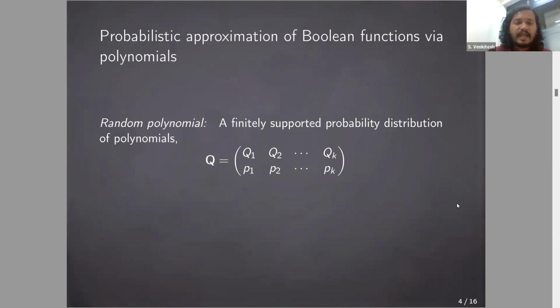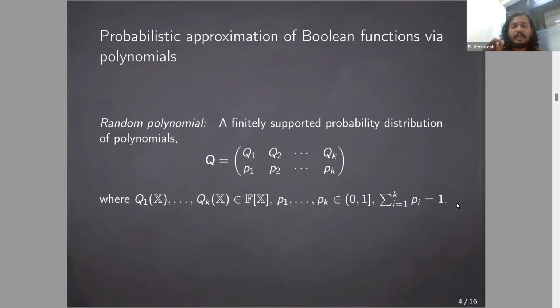So a random polynomial is simply a finitely supported probability distribution of polynomials, right? It's a set of polynomials which I denote in this case as q1 to qk, and p1 to pk are probability masses assigned to each of those polynomials, and they will all add up to 1, right? So that's a random polynomial.